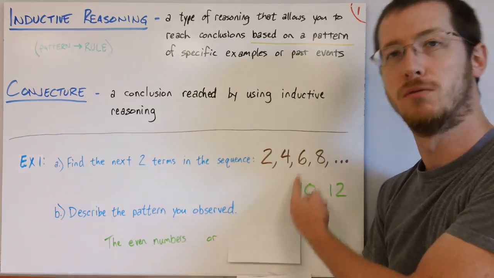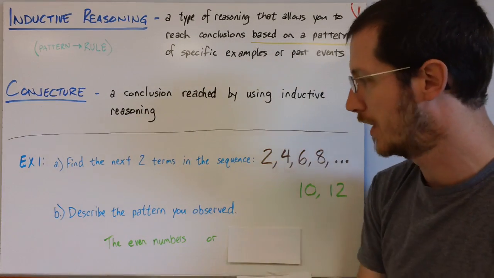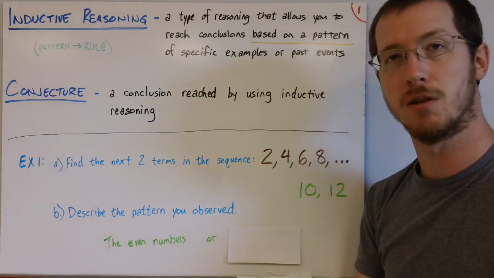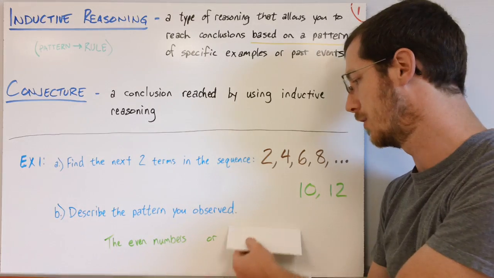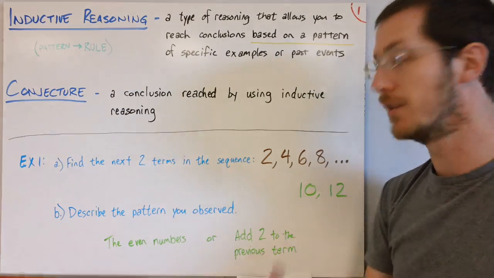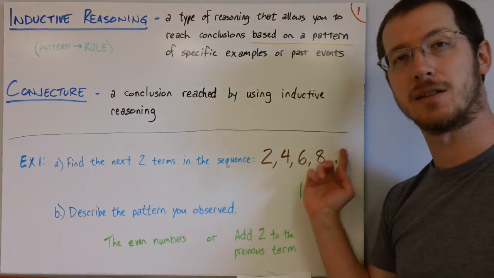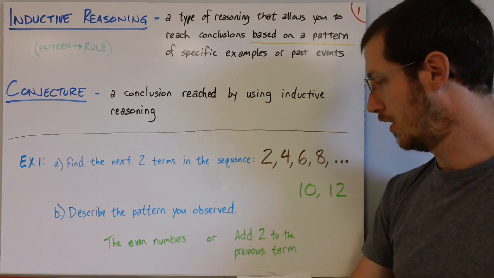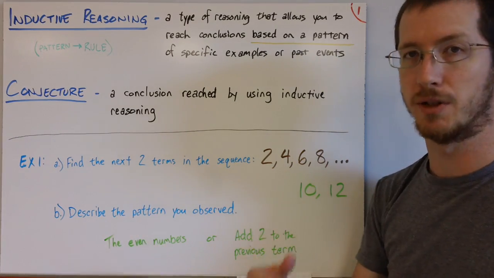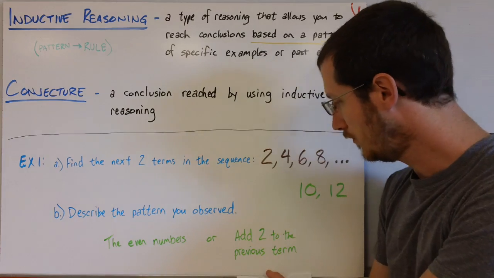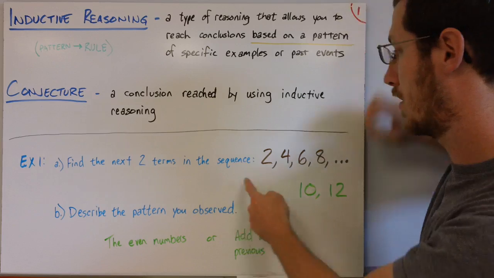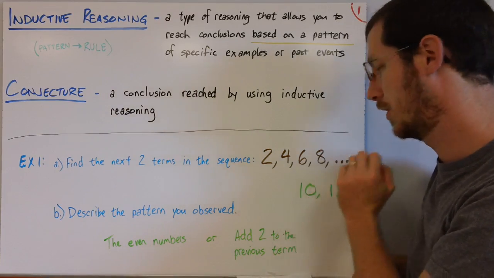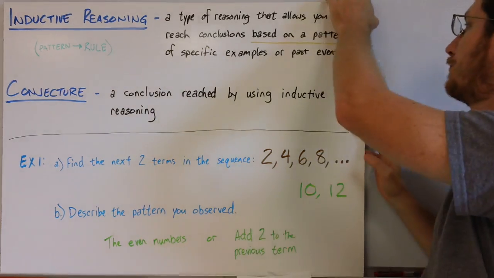Start off with 2, 4, 6, 8, 10, 12, and they go on and on. The even numbers come from just adding 2 to the previous number. So that's another way to describe it. To get the next term in the sequence, just add 2 to the previous term. So we've got our given pattern, our conjecture, and our rule.